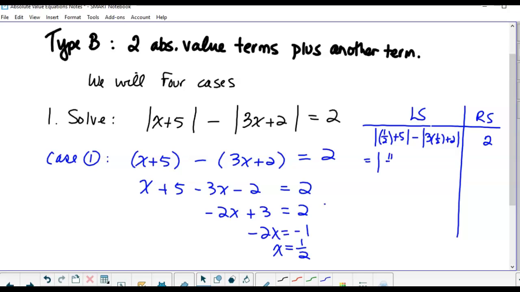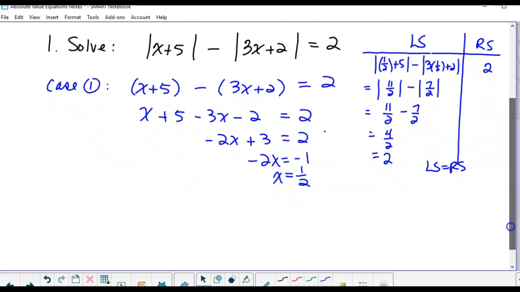So 10 plus 11 over 2 minus 2. Okay, so that one does work.